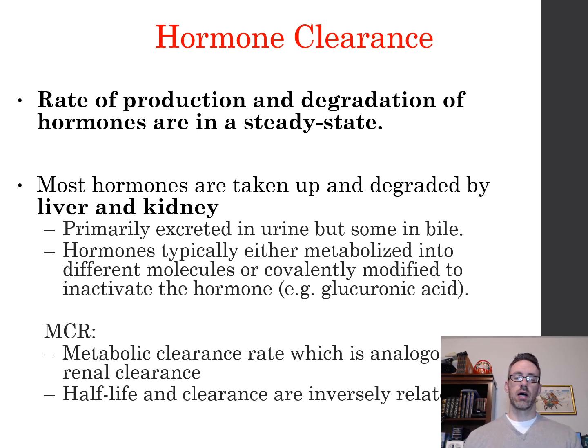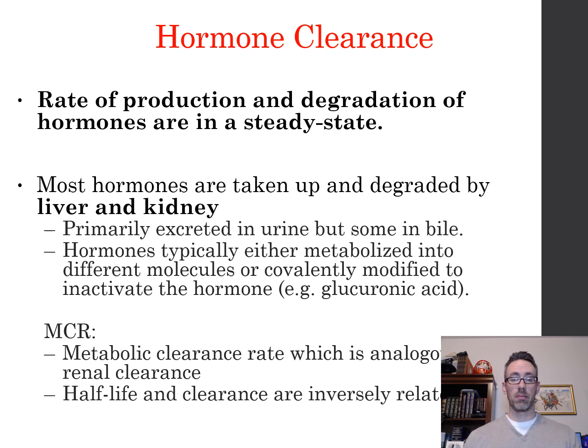If the clearance of a particular hormone is very high, meaning it's being removed pretty readily, that means the half-life of that hormone is very short. That's how they're inversely related. If the clearance is very low, meaning I'm not removing a whole lot of it from the plasma over time, that means its half-life is longer.